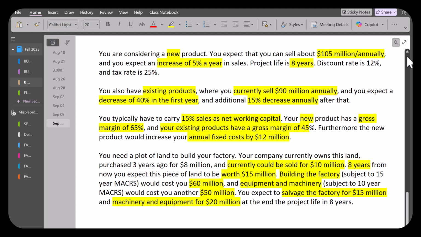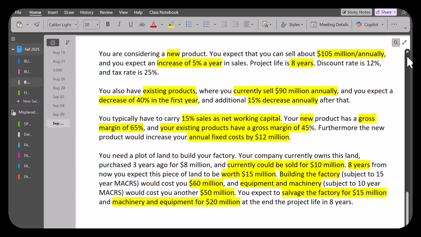A lot of your customers will switch to the new product. But that reduction will not even stop there. Every year, you're going to go down another 15%. So the first year, your existing product sales is going to go down by 36, which will leave you with 54. Then you're going to lose 15% from that 54, so on and so forth.